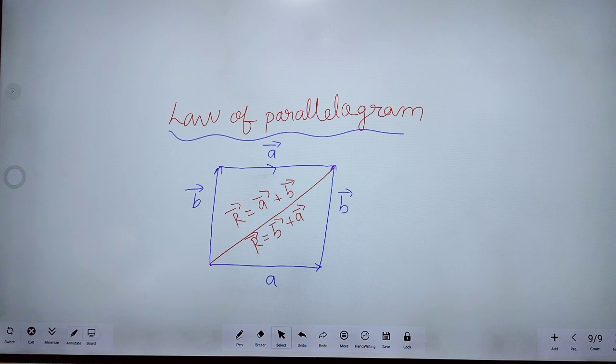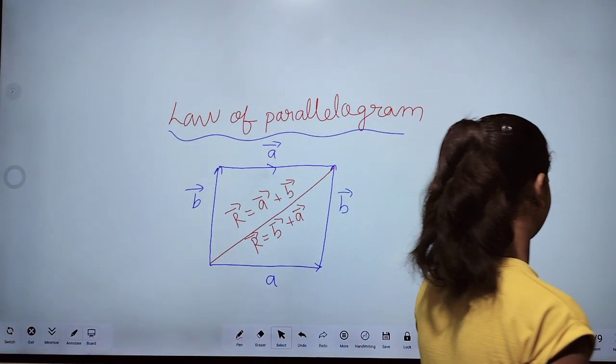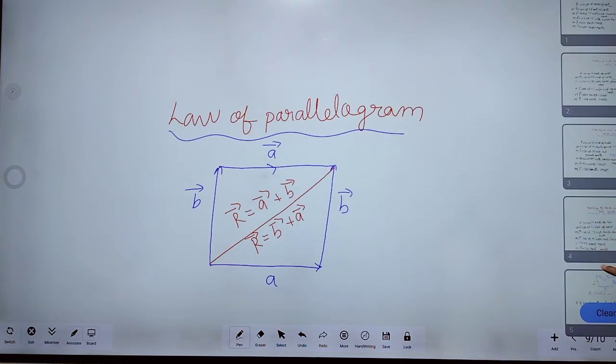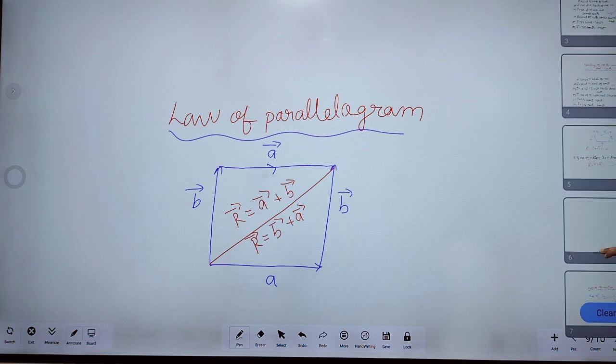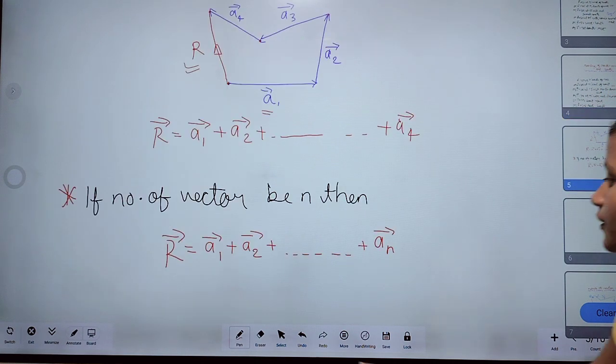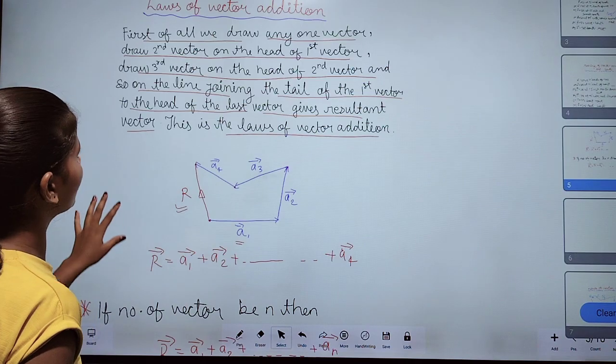Okay, so I hope you understand all that we learned today, meaning we saw some examples of direction, and we also saw the laws of vector addition.